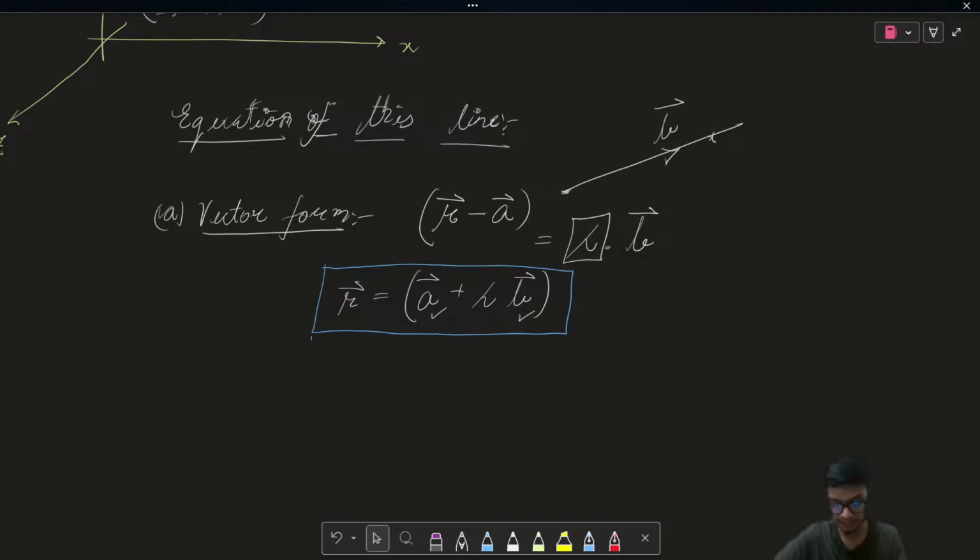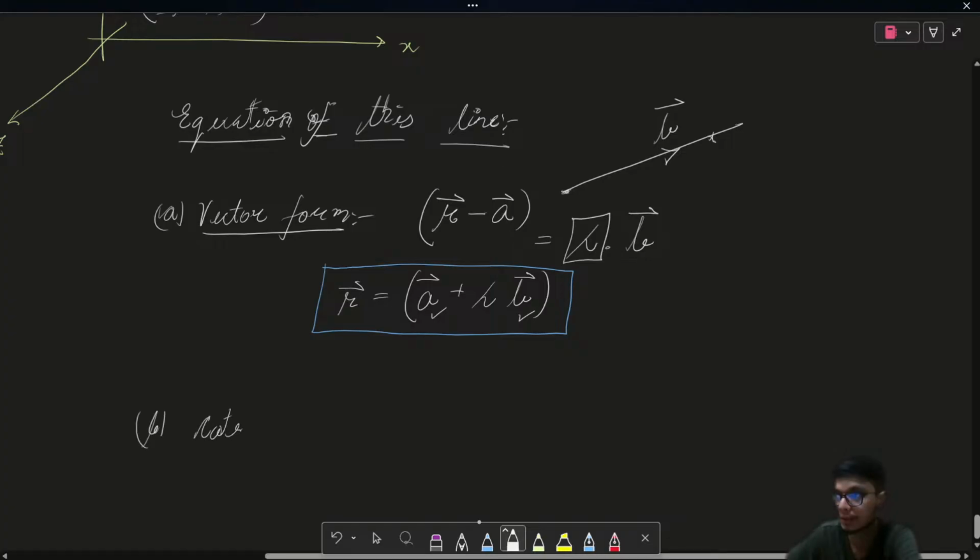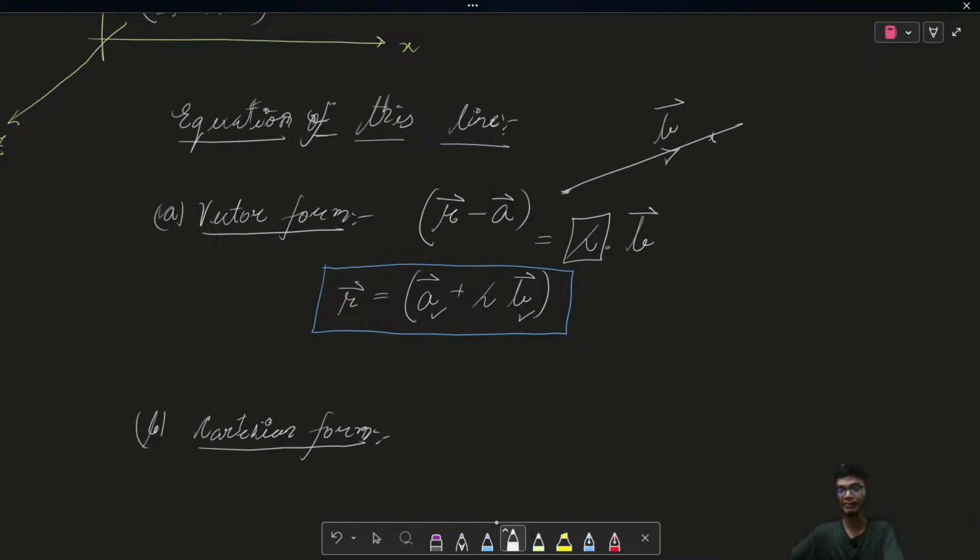Okay, so this is how we obtain the equation of a straight line in space in the form of a vector equation. Now from this vector equation, we can get back to the Cartesian form. The Cartesian form would be given as follows: r vector minus a vector can be written in terms of components, where I can write x minus x1 as a component of the vector directed along the line.